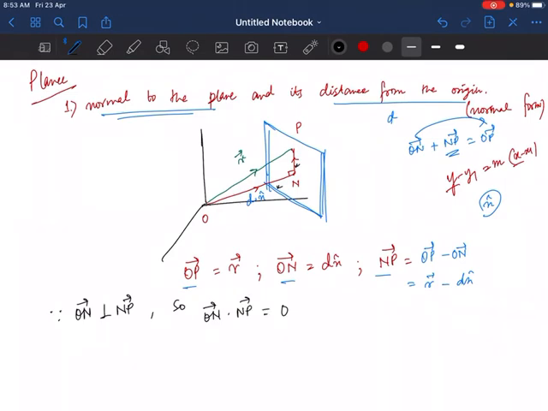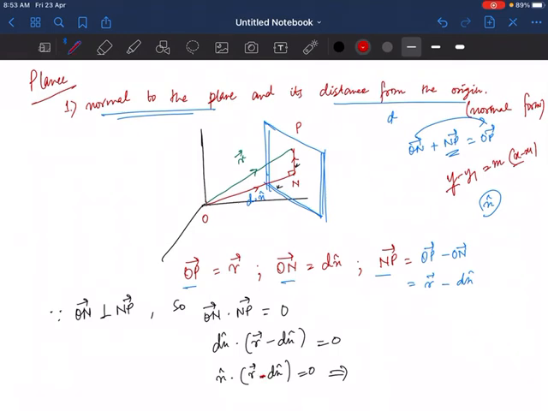My ON vector is d n cap, dot NP vector, which is r minus d n cap. Now d is a constant, its magnitude, so since this is equal to 0, the d goes away. So we have n cap dot (r minus d n cap) equal to 0.